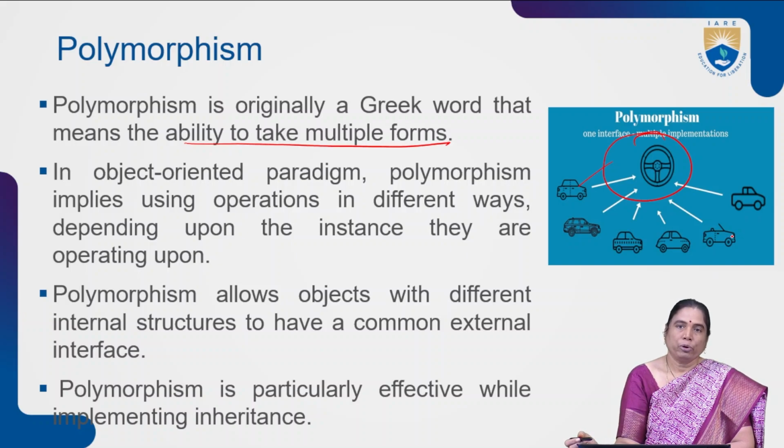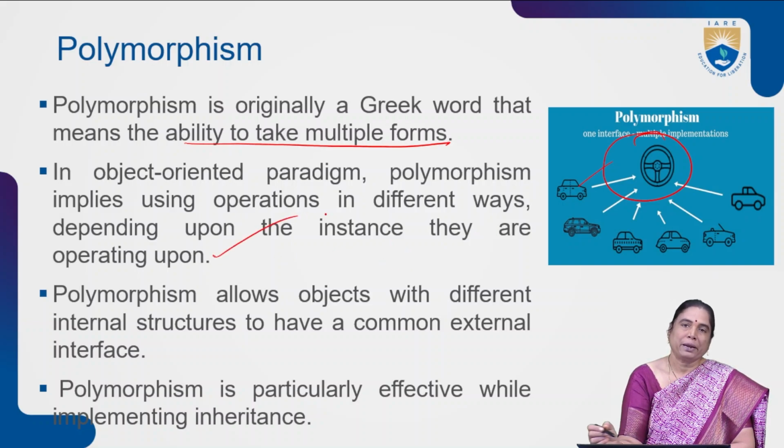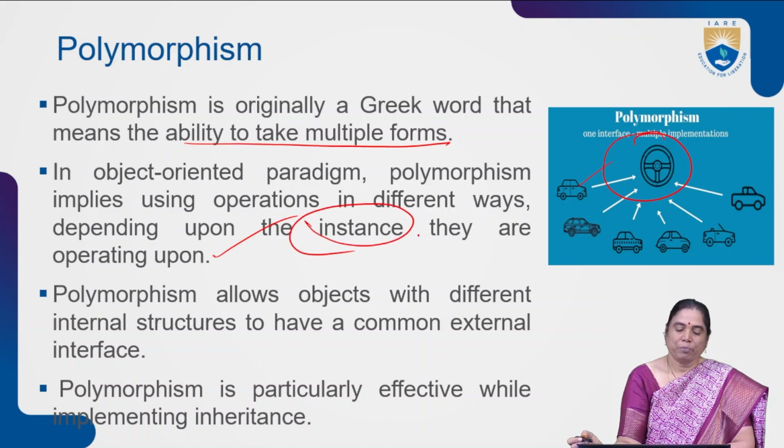So, in the object-oriented paradigm, polymorphism implies using operations in different ways depending upon the instance they are operating upon. So, multiple forms can be used. Polymorphism allows objects with different internal structures to have a common external interface. It is particularly effective while implementing inheritance.